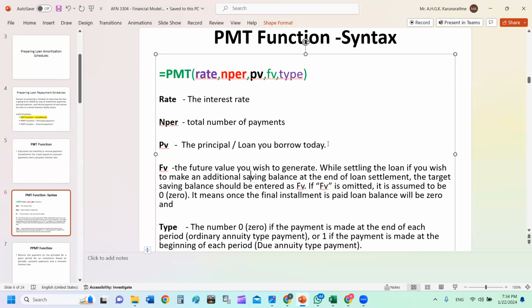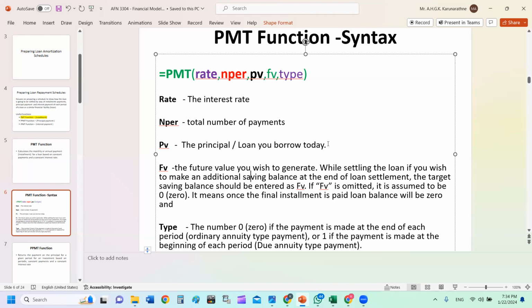You borrow a particular loan today, let's say 5 million, and you determine the installment in a manner that you are going to repay the loan during the loan period. At the end of the period, loan becomes zero. In addition, you have created a saving balance.